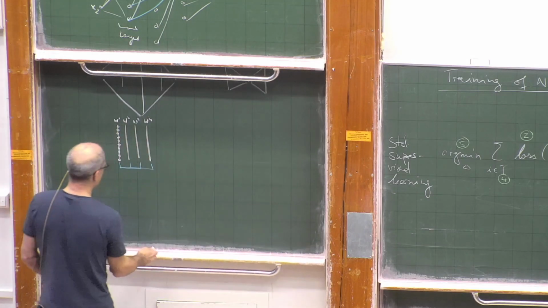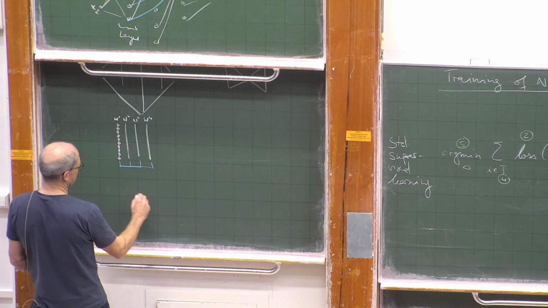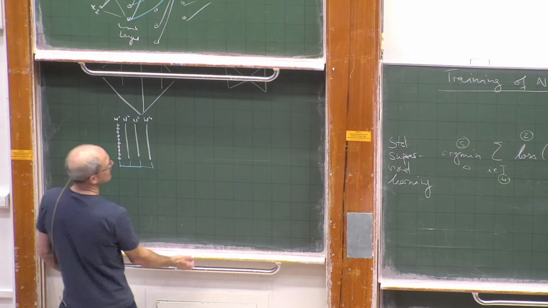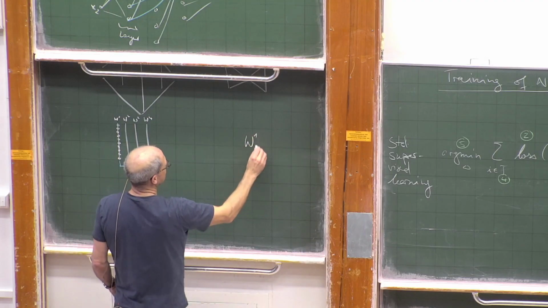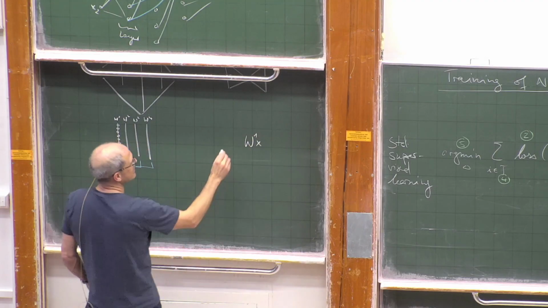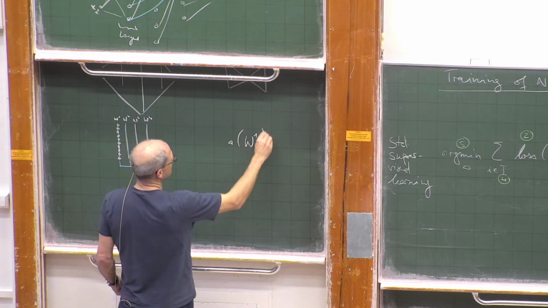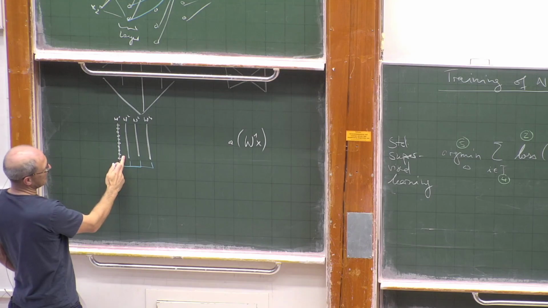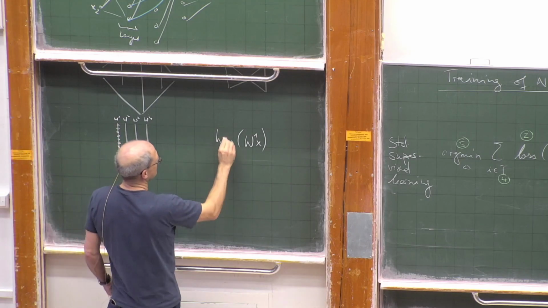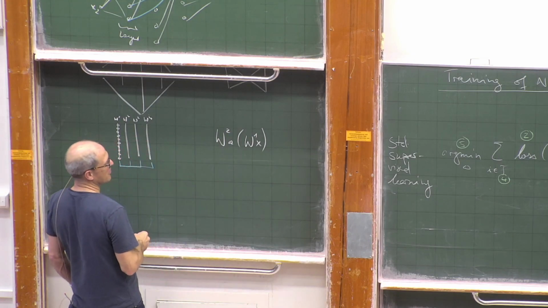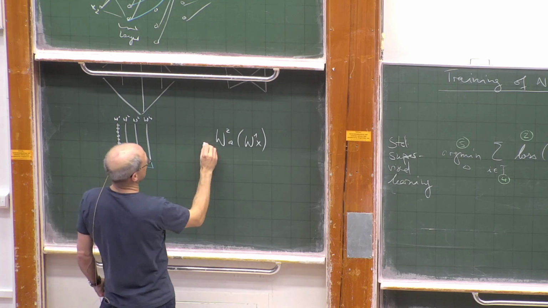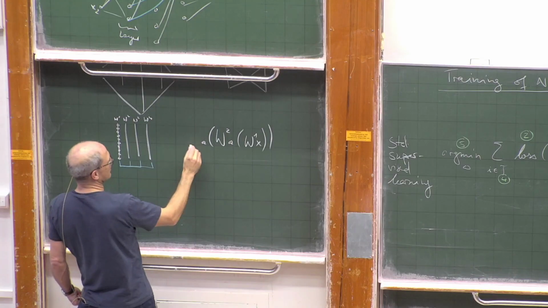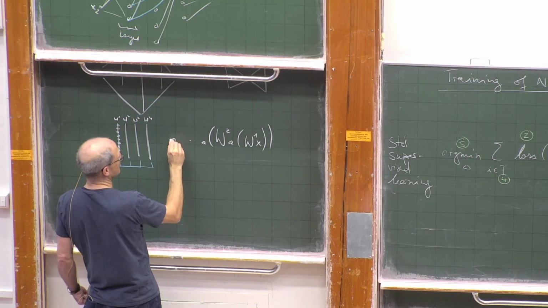And then I can say that I have some matrix acting on my input, and then I use some activation function, and so this is what comes out of the first layer, and then I act on it with another matrix of parameters, and this goes through another nonlinearity, and then you can iterate this kind of nested expression.